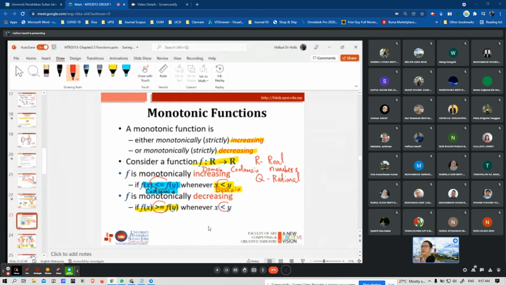Then we have monotonic. Monotonic means that this one is either increasing or decreasing by the range. For example, increasing is f(x) less than or equal to f(y), and then decreasing is greater than or equal to.